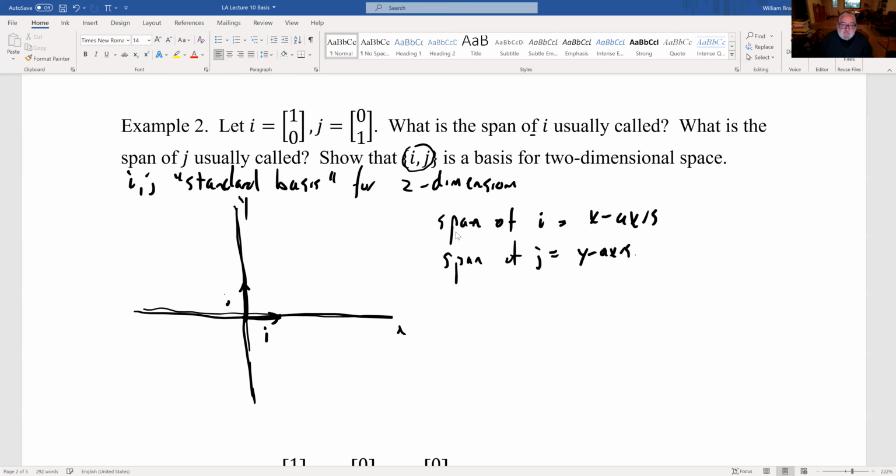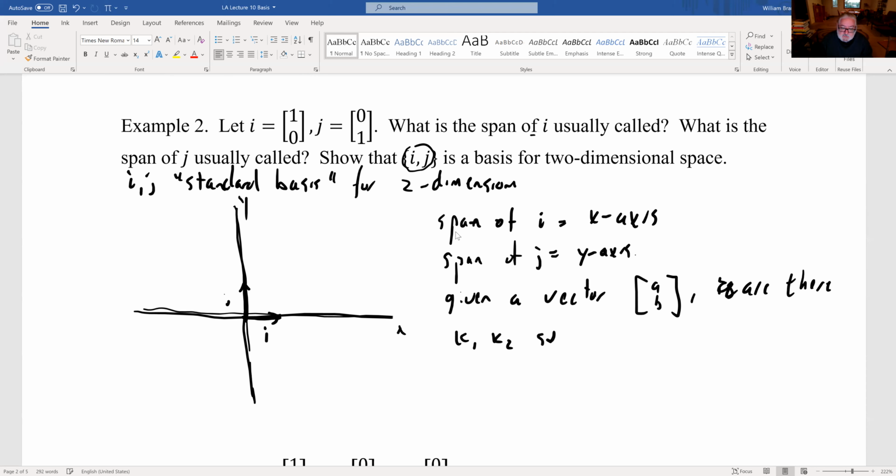Is i, j a basis for two-dimensional space? Well, that's asking, given a vector (a, b) in two-dimensional space, are there two numbers k1, k2 so that k1 i plus k2 j equals my vector (a, b)?